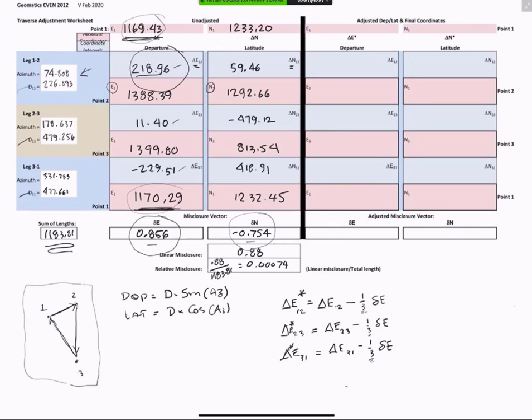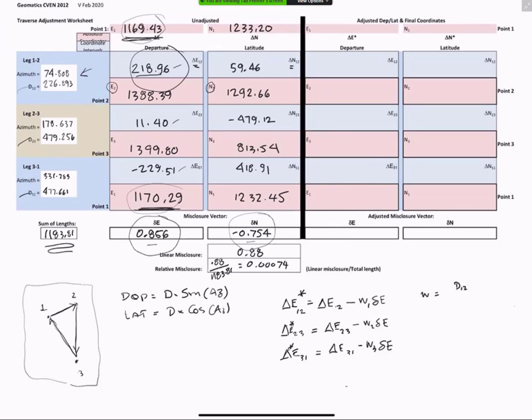I'm going to get rid of these 1/3 values here, and in their place I'm going to put a weight 1, weight 2, and weight 3, where the weights are equal to the fractional part of the distance.